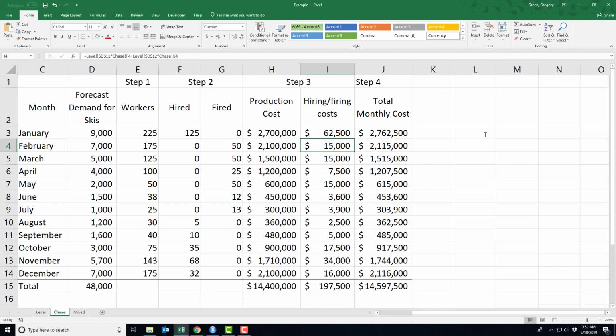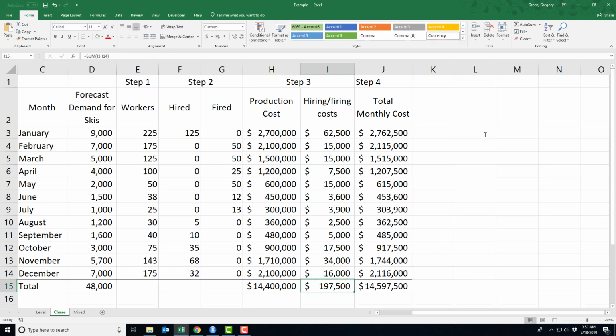So in the first month, I pay $62,500 to hire 125 workers. And I can just continue this total cost for hiring and firing all the way down to the bottom.